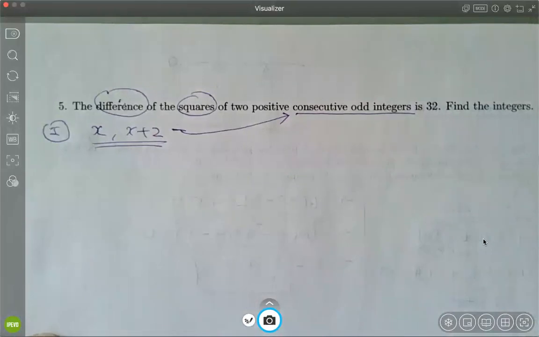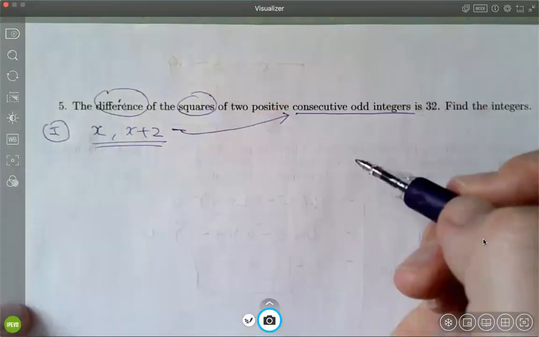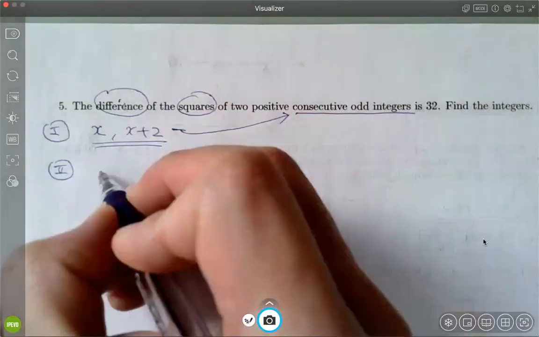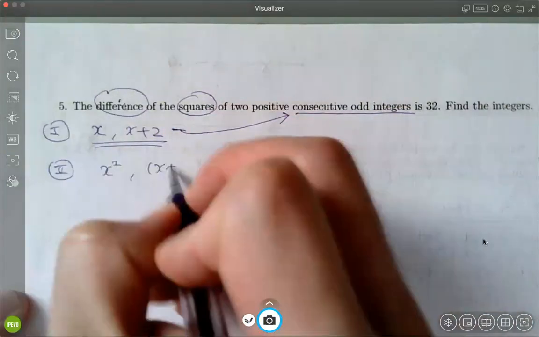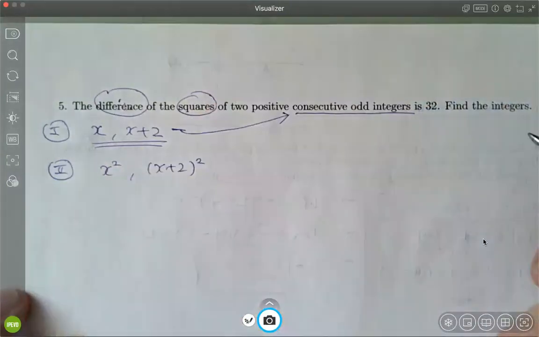The difference or squares? The squares. Do you see that? Okay, so the difference of the squares. We have to do the square part first, right? So x squared and x plus 2 squared. And now the difference, which means what? Subtraction, right?